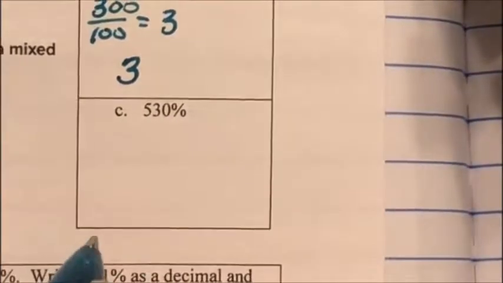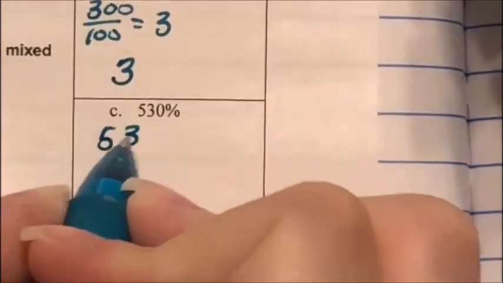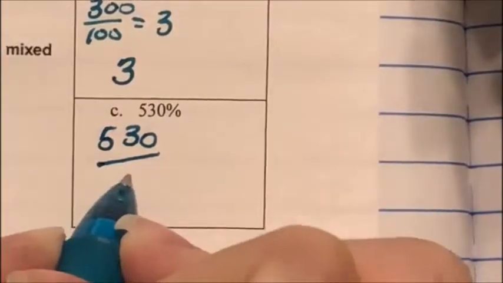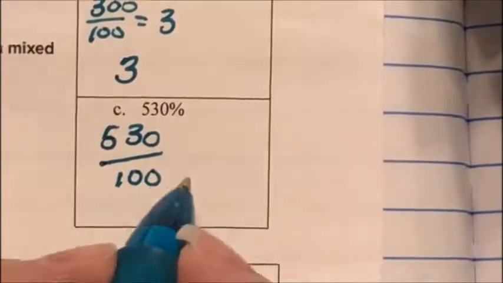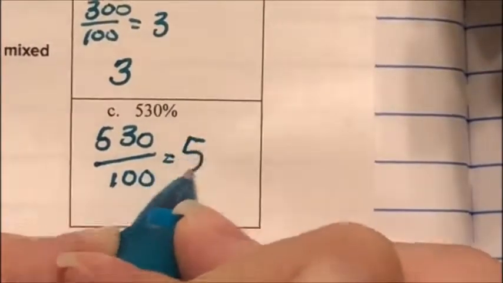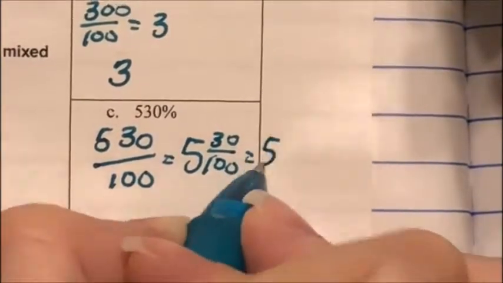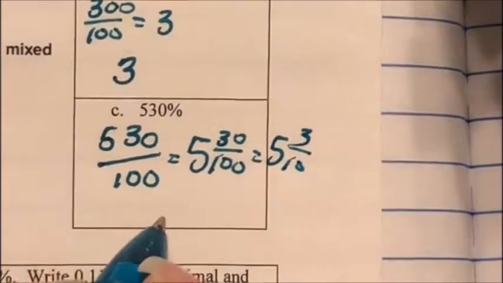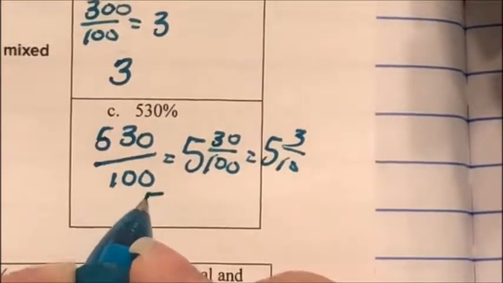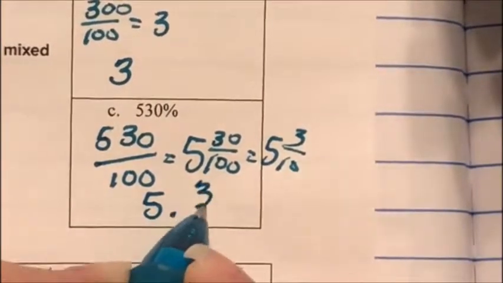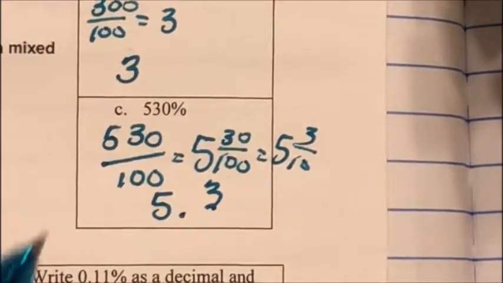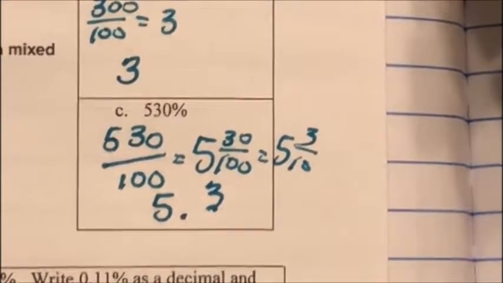For letter C, I have 530%, which is the same thing as saying 530 over 100, which equals 5 and 30 over 100, which equals 5 3/10. So when I write that as a decimal, I write 5.3.